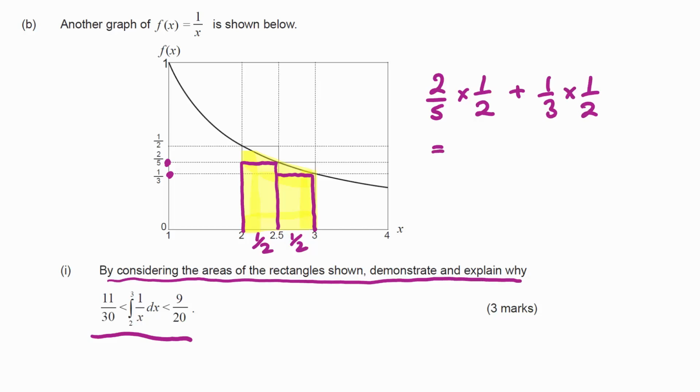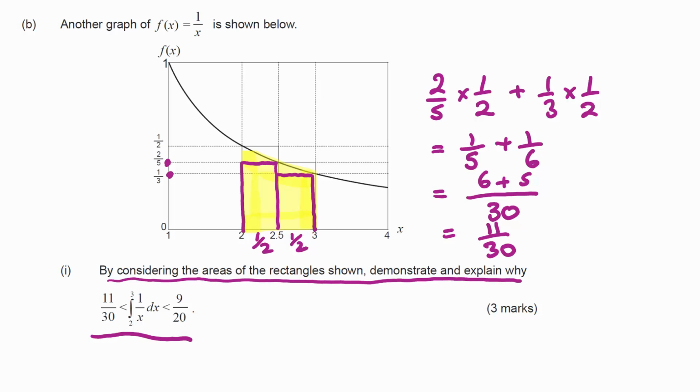So that is going to be, 2's cancel here, 1/5 add 1/6, which gives us a common denominator of 30, and that will be 6/30 add 5/30, which is 11/30.